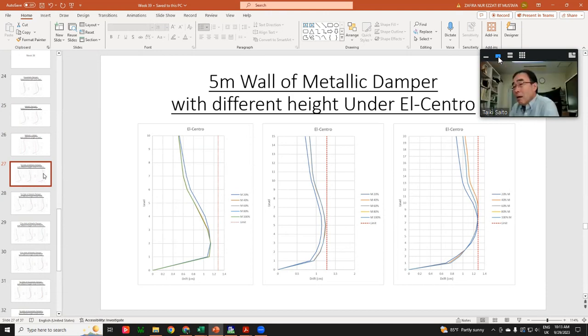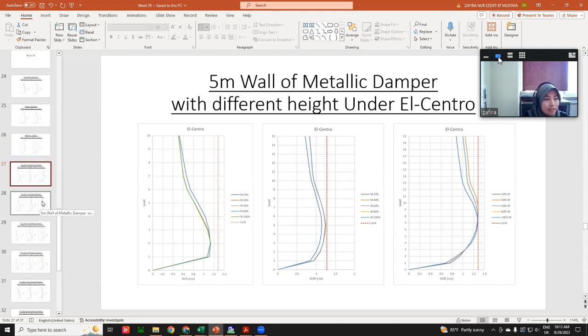I just want to see what happens when the height increases. I know that when the height increases, the degree of coupling will change, because it's also written in the textbook: when the number of stories is increasing, the degree of coupling also increases.